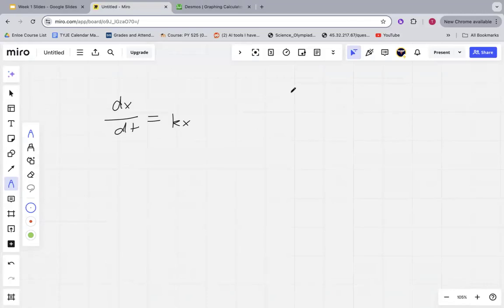So notably here we have x as a function of t. So this might be like where your x coordinate is as a function of time if you're walking, right?